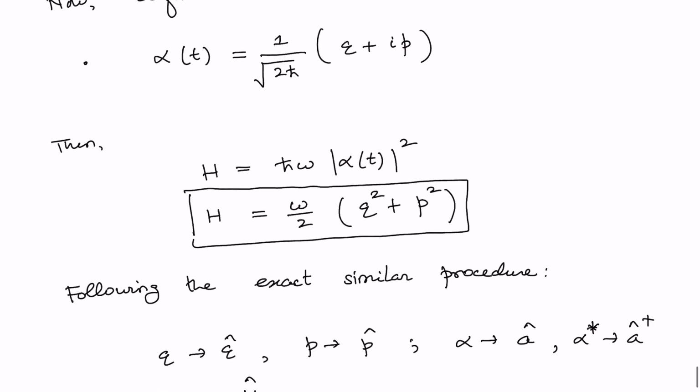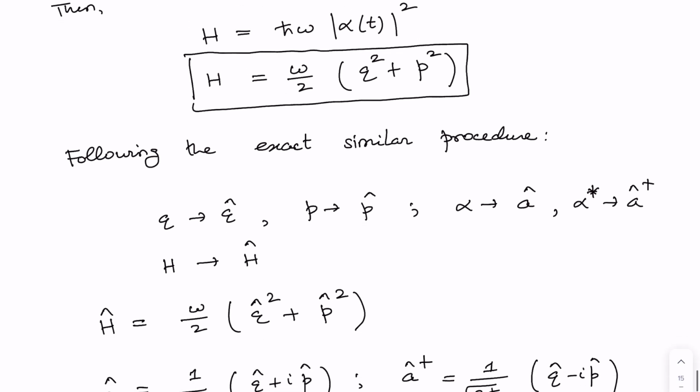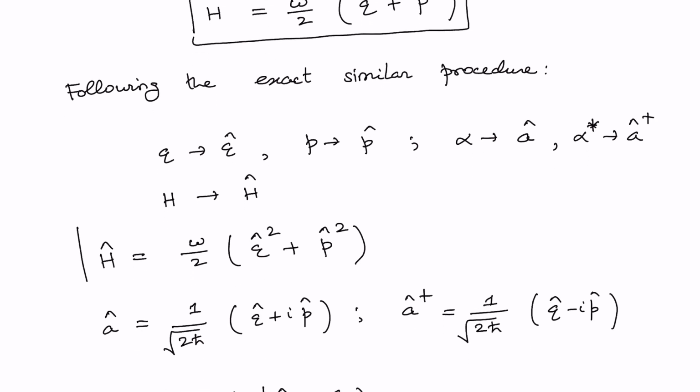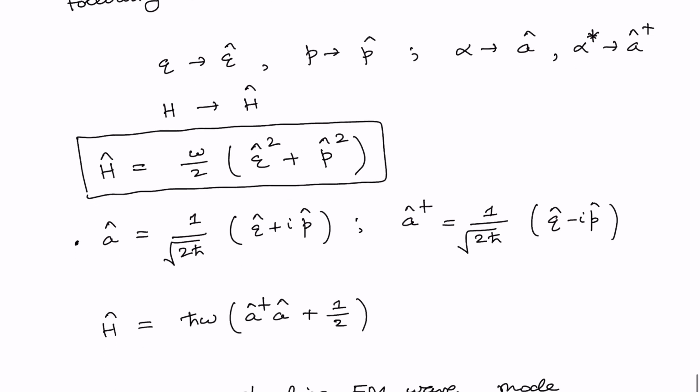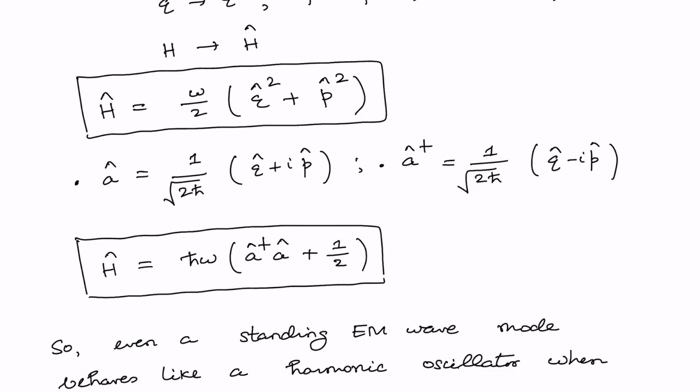Following the exact quantization procedure, similar to that we adopted earlier, we can now quantize the Hamiltonian and write it in this particular form. Then defining the annihilation and the creation operators a and a dagger, we can finally write down the quantum mechanical Hamiltonian for the standing electromagnetic wave.